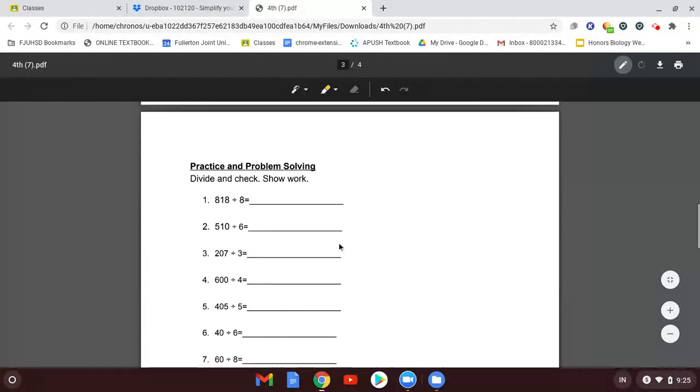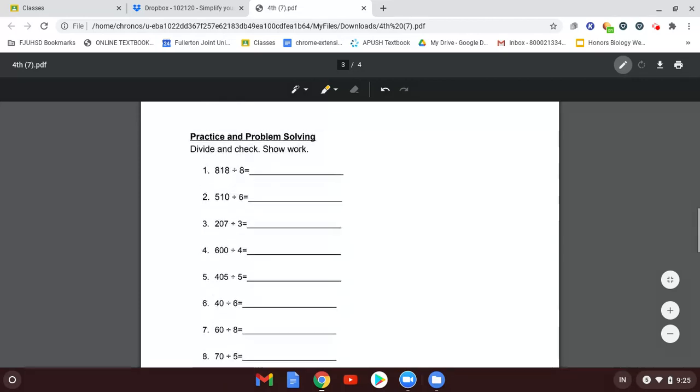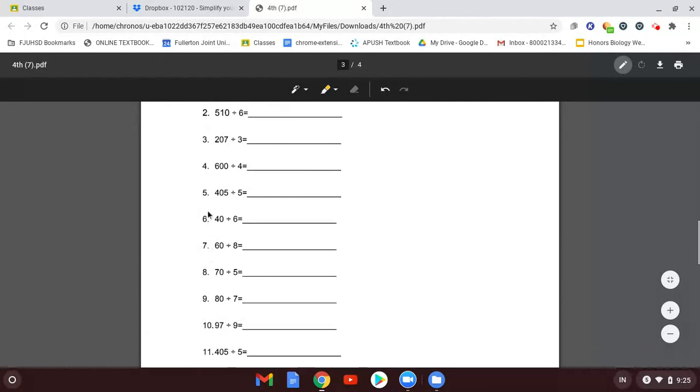Okay, now let's go to the third page, which is also just dividing. Let's try doing number 6. So 40 divided by 6. Okay. So 6 cannot go into 4, therefore we extend it to 40.